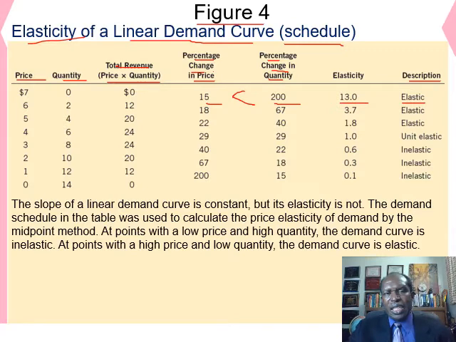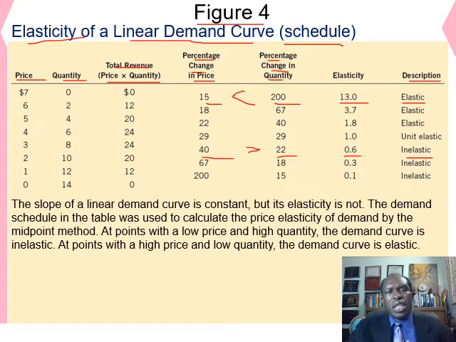The demand is elastic. On the other hand, if the percentage change of the price is greater than the percentage change of the quantity, then the demand would be inelastic. So the value of the elasticity is equal to 0.6, which is less than 1.